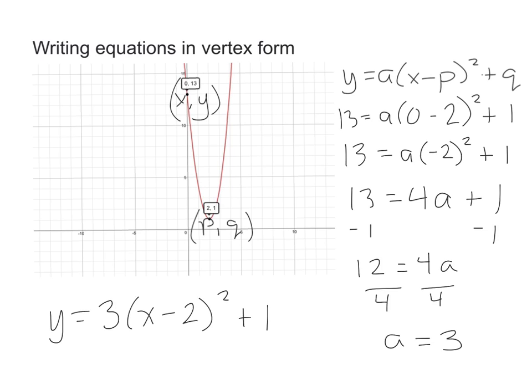How can you tell whether that's correct or not if you had to check? How can you verify? What did you say, Nathan? You could fill those numbers in and see if it works out.